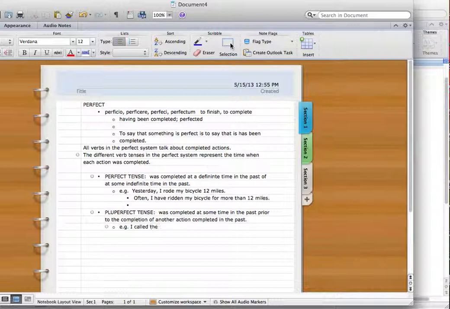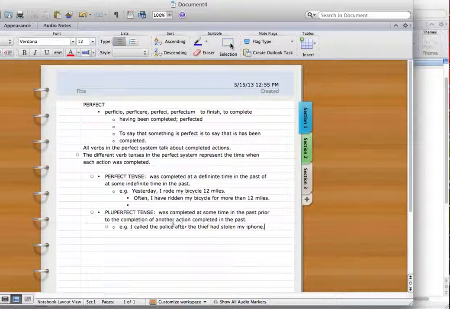I called the police after the thief had stolen my iPhone. So in this sentence, there are two actions, the action of calling the police and the action of the thief stealing my iPhone.